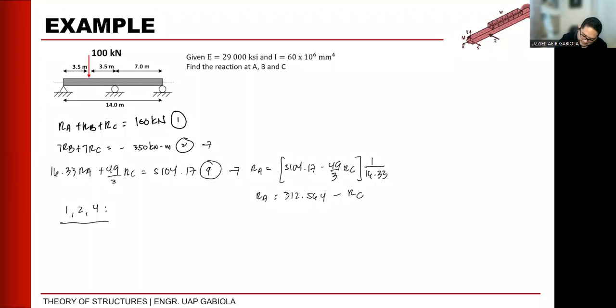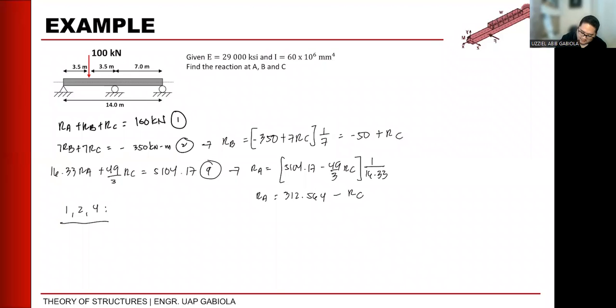Dito, yung RB natin, gawin natin in terms ni RC. So this will be negative 350 plus 7 RC multiplied natin by 1 over 7, or equals sa 350 divide 7, that is negative 50 plus RC.